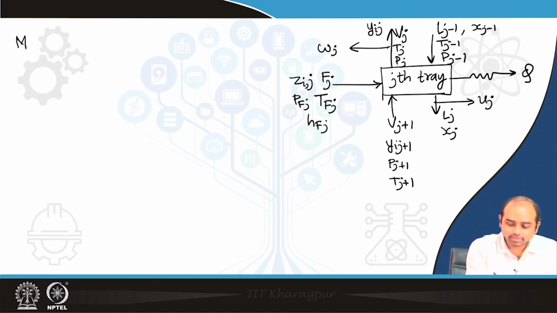So the M equation, the C number of M equations, is just a recap from the last class, so we'll go through this quickly.